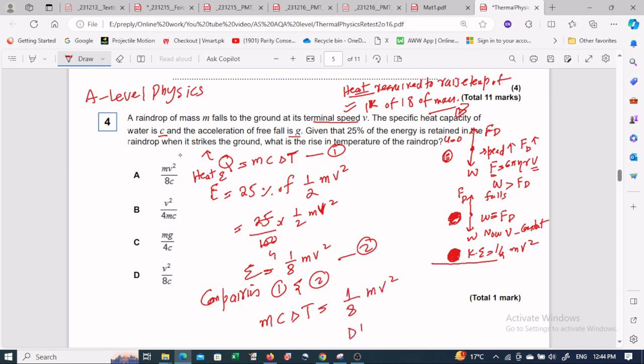We need to find del T, the rise in temperature. So del T is equal to mv square over 8 mc. The m is cancelled, so we get v square over 8c. So option D is the correct one, that is v square over 8c.